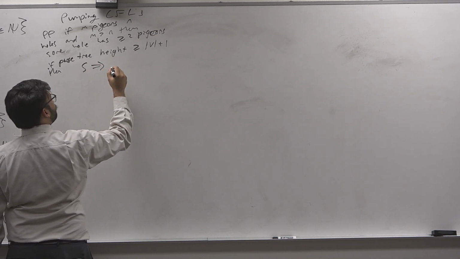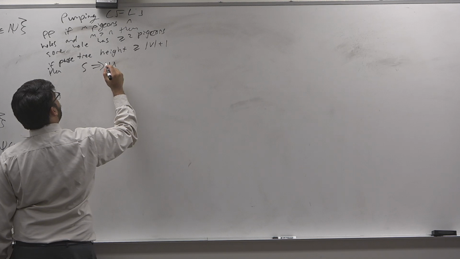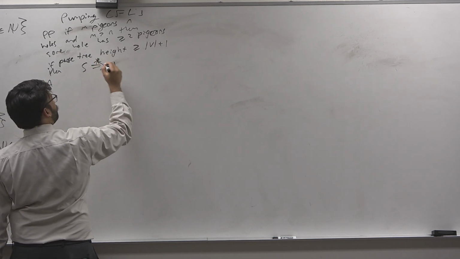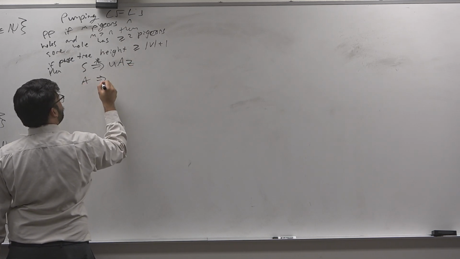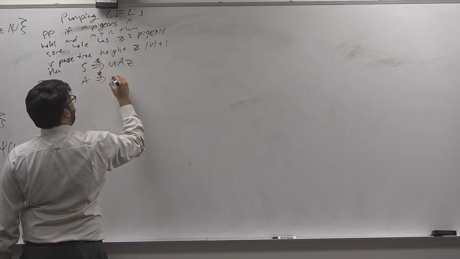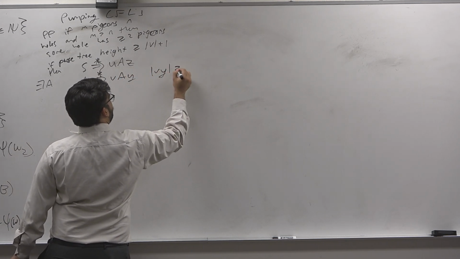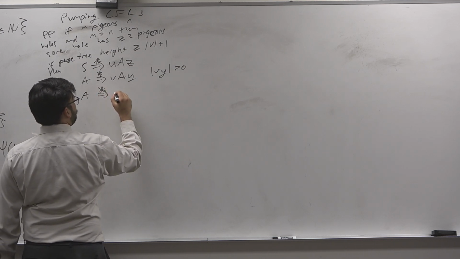S produces some, what was it? It was U, then there exists an A, such that S produces in 0 or more steps some U A Z. A produces in 0 or more steps V A Y with V Y not empty, and that A produces some terminal string X, right?